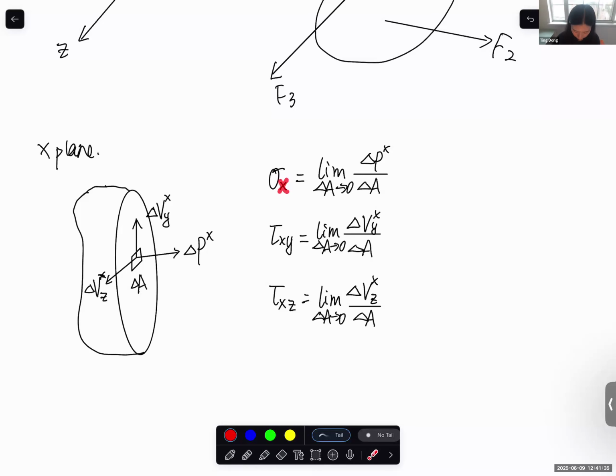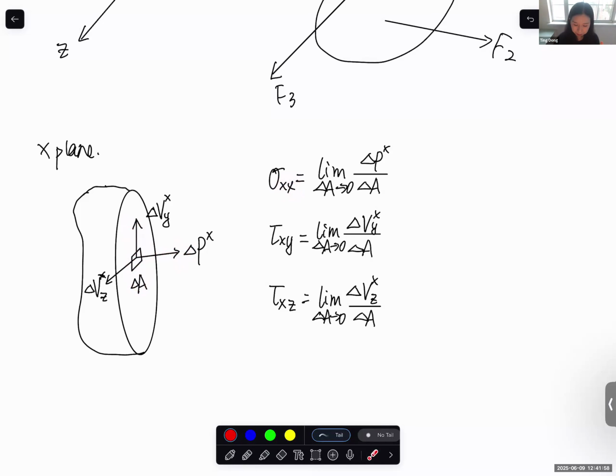So some texts put sigma xx, and similarly you can have sigma yy and sigma zz. The first x means the x plane, and the second x means the x direction. Similarly, you have the y plane in the y direction, the z plane in the z direction, since it's always either xx or yy or zz.